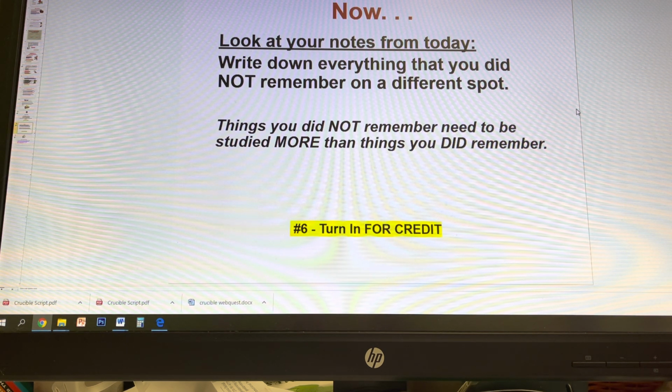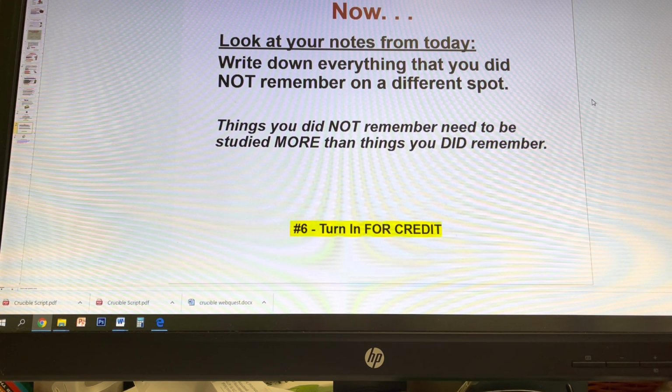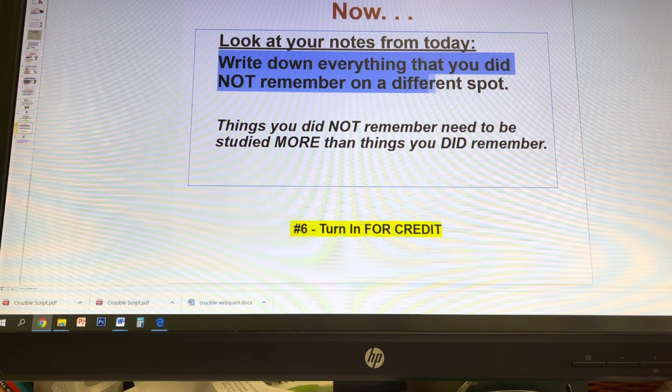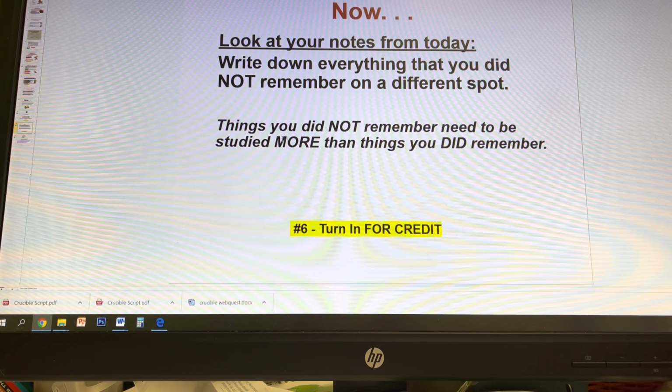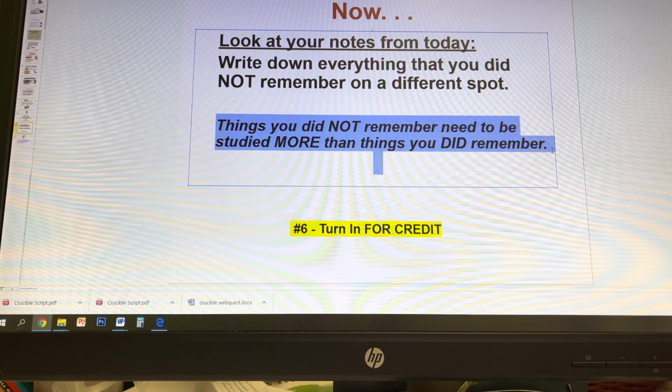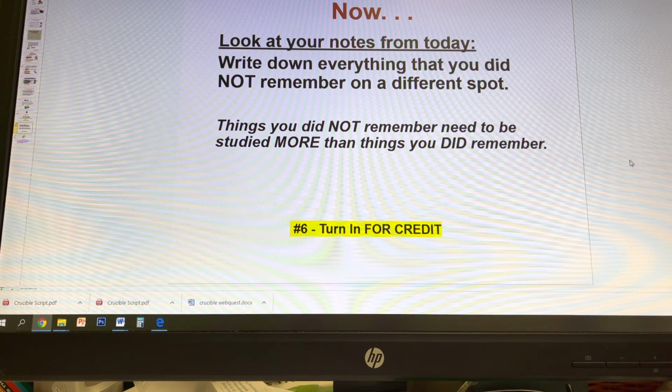What's interesting is if you will self-test before you take any kind of exam, and you will do this, you write down everything that you can remember about whatever your exam is, and then, without looking at your notes, you compare your notes to what you've already written down, and you write down the things that you did not remember. Those are the things that are more important. The things you remembered, you're going to remember again. But the things that you did not remember are what you need to study, and you need to make note of those things. So pause if you need to do that.